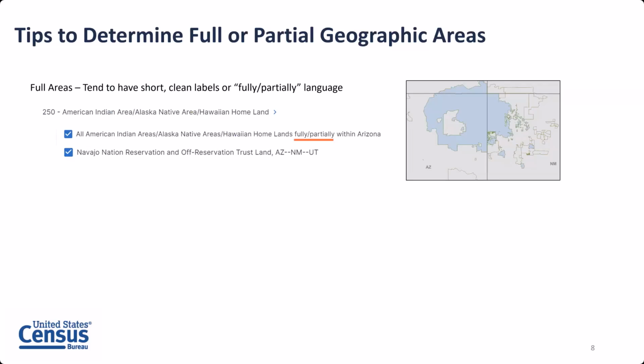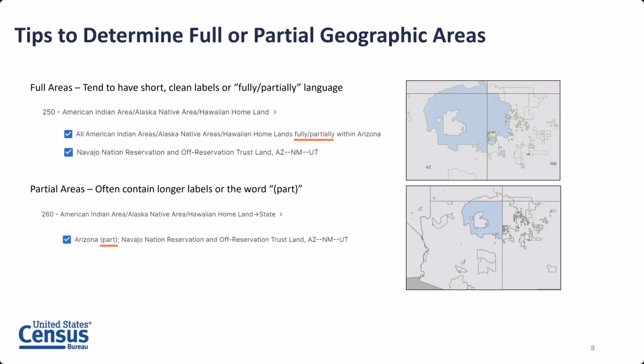And we'll talk about that more in just a moment. You'll also notice anytime that you see the phrase fully/partially, that means it is giving you data for the full area, even if only part of the area falls within the indicated geography. So fully or partially does mean it's giving you data for the entire geographic area of reference.